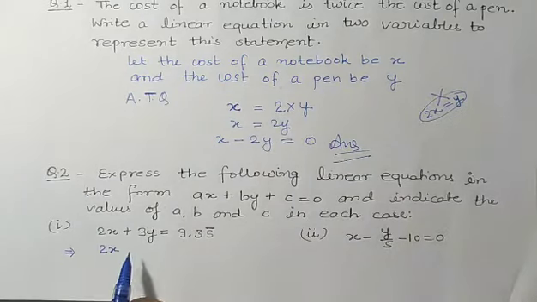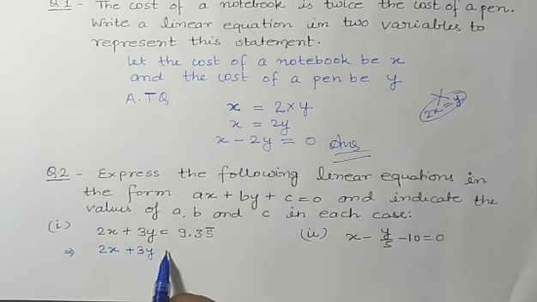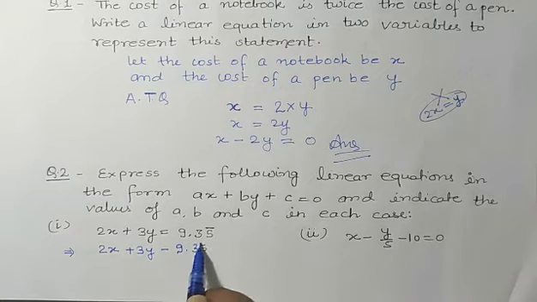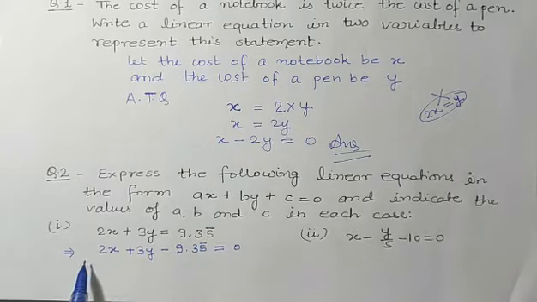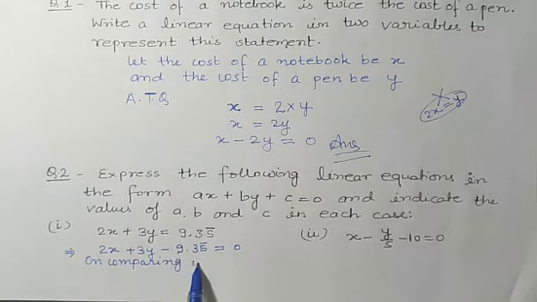So 2x plus 3y, only this is on the right hand side, so we can shift it. Minus 9.35 bar is equal to 0. Now we'll compare with ax plus by plus c is equal to 0.